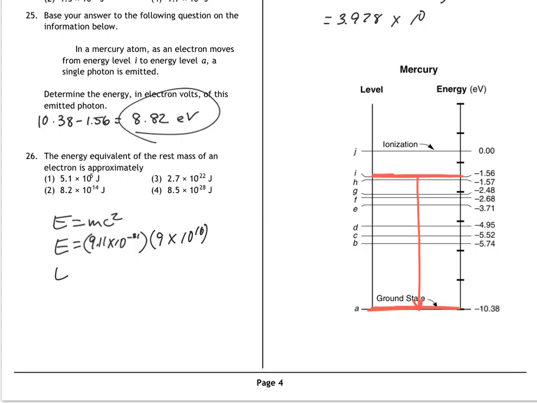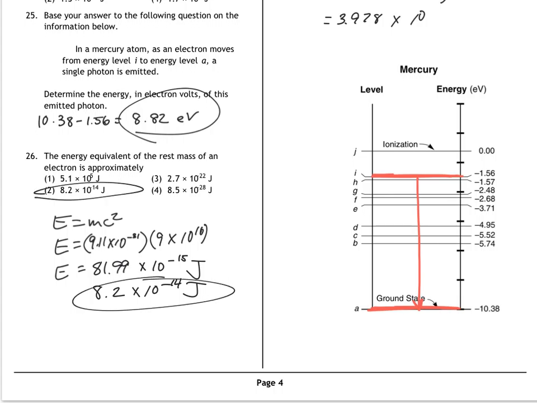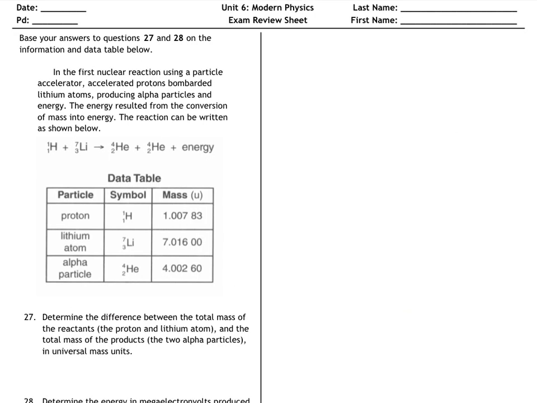So when I just do those multipliers, I get 81.99 times 10 to the -31 plus 16 would be -15, and this would be in joules. So in terms of scientific notation, it's going to be 8.2, we will say, times 10 to the -14 joules. Final answer, and that is choice 2.